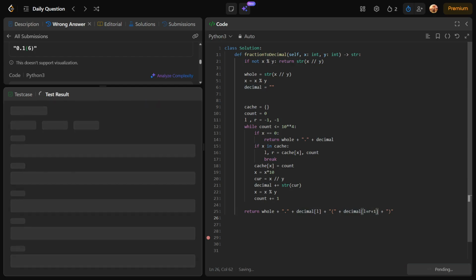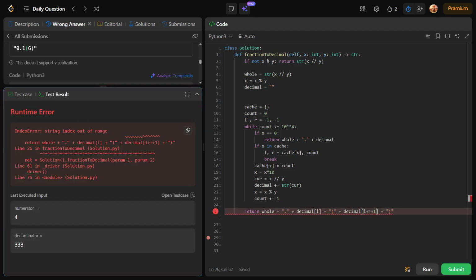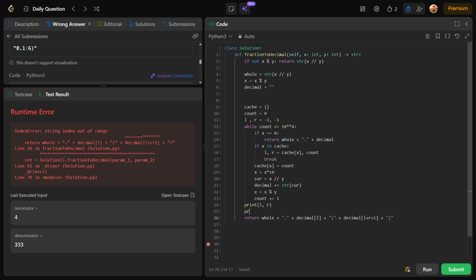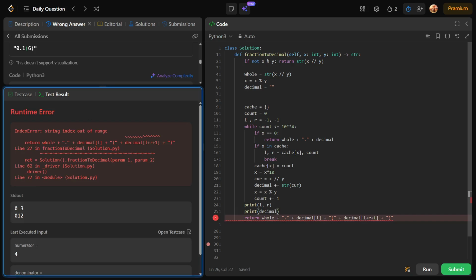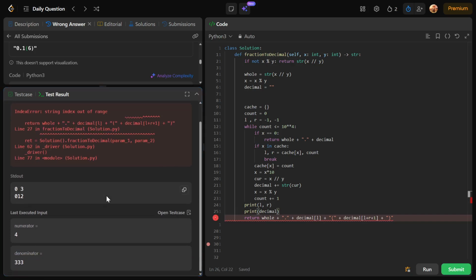I don't know if this is right, but let's check. One, two, three.